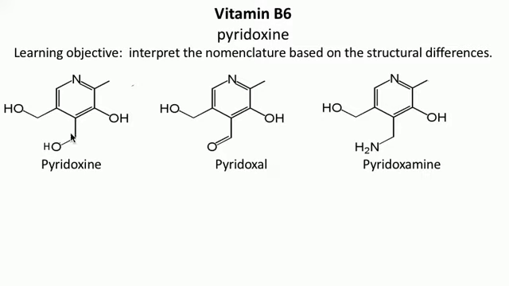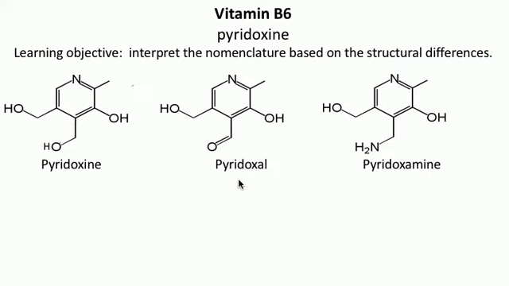Pyridoxal, the hydroxyl has been converted to an aldehyde, so this could be called pyridoxaldehyde. This happens to many compounds, including vitamin A, as well as pyridoxine. They have a hydroxyl that gets oxidized from a single bond to a double bond to make an aldehyde, and it shows up in the name.